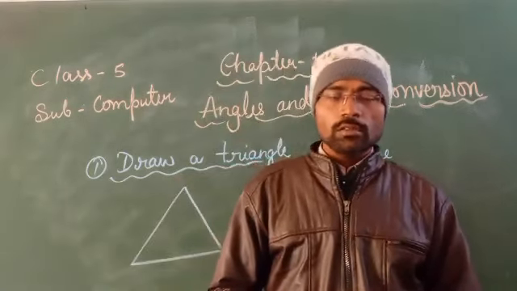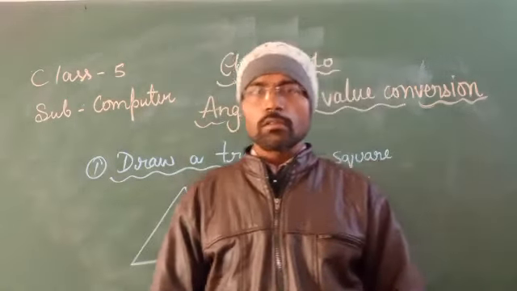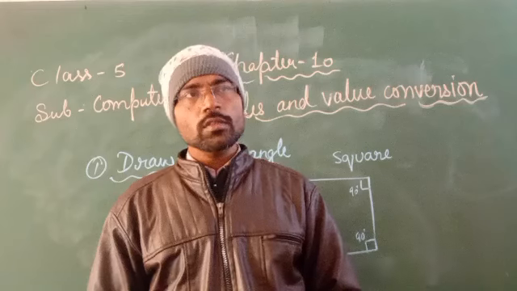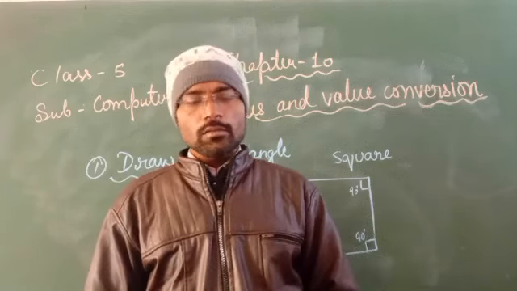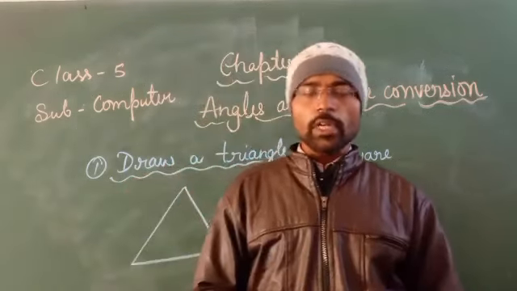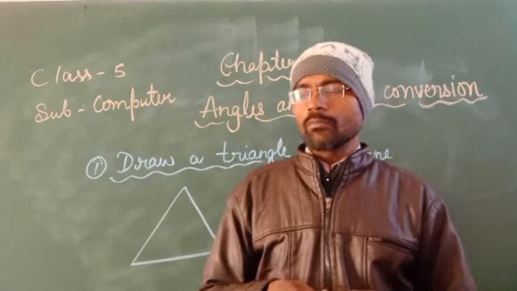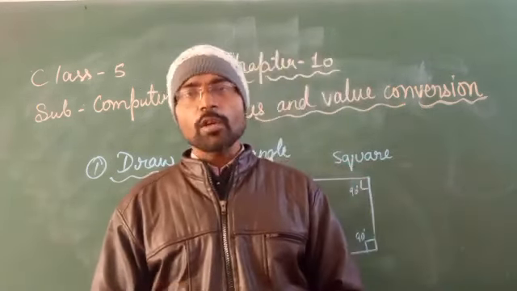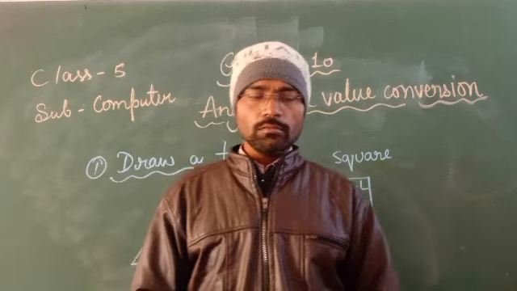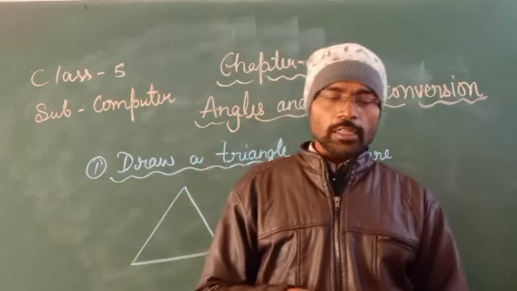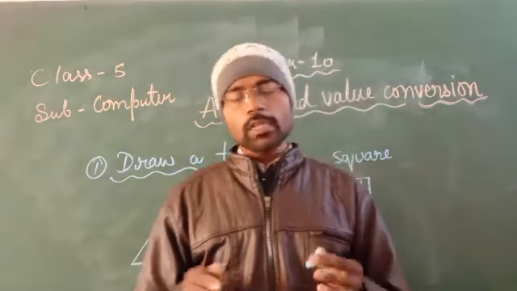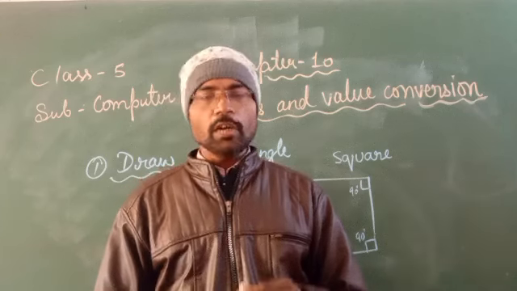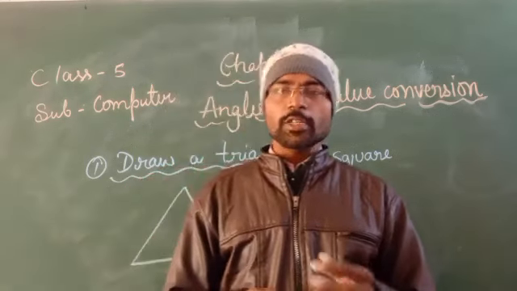Now the next is, what is a circle? Students, a circle is an equally rounded closed shape made up of a curved line. The center is always at an equal distance from the edge of the shape.